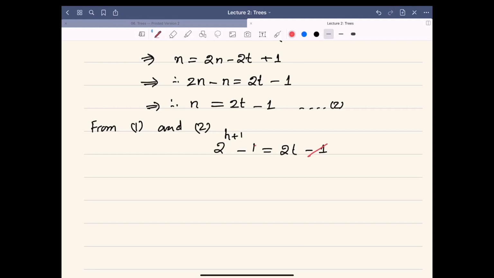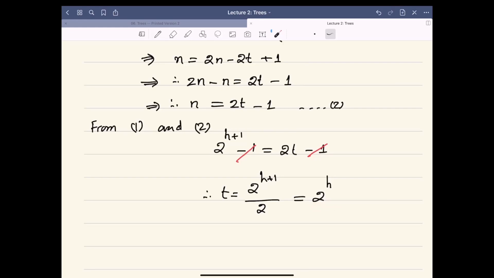So minus 1 with minus 1 will cancel, and we say that t is equal to 2 to the power h plus 1 over 2, and this is equal to 2 to the power h.